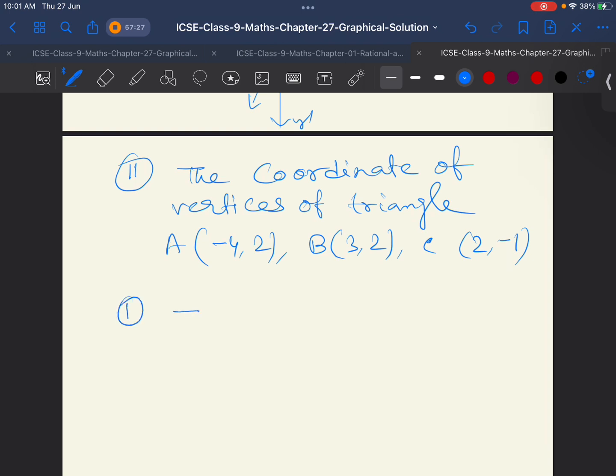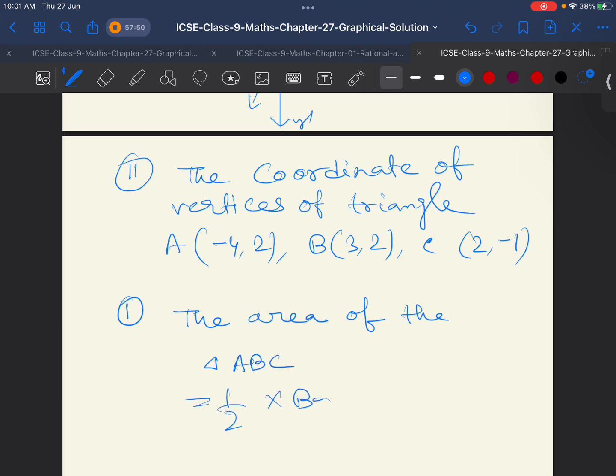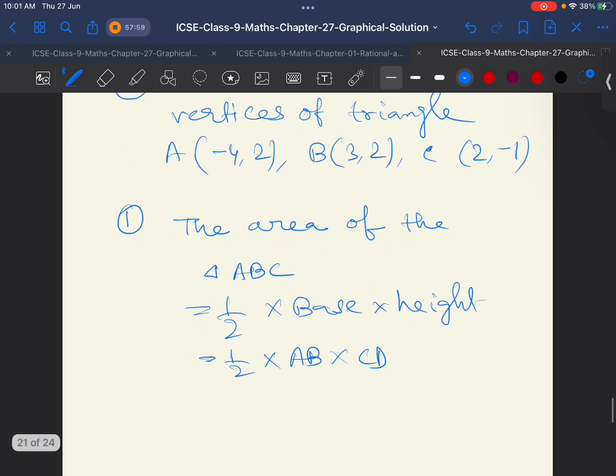Now the area of the triangle. The area of triangle ABC equals to half into base into height. Here the base is AB and the height is CD.